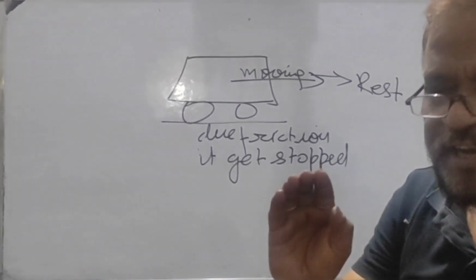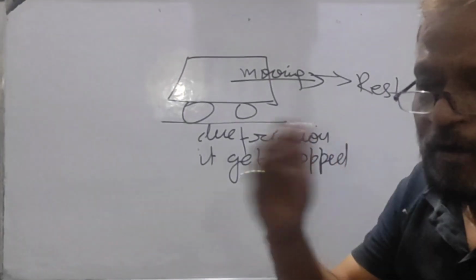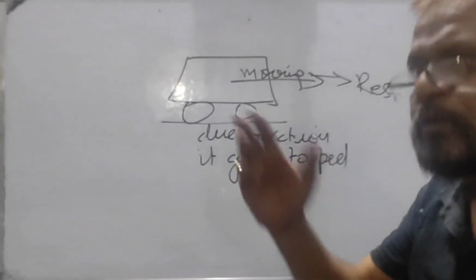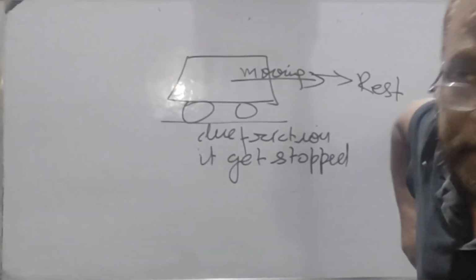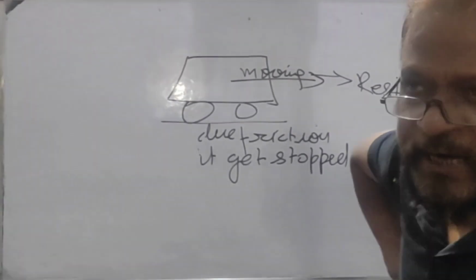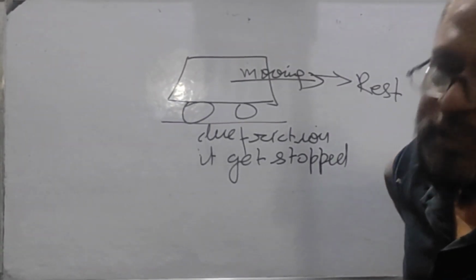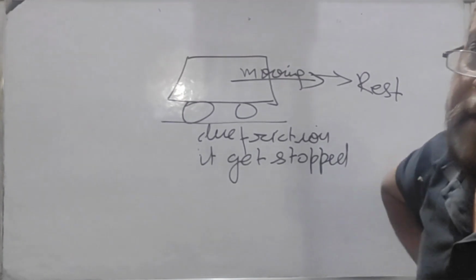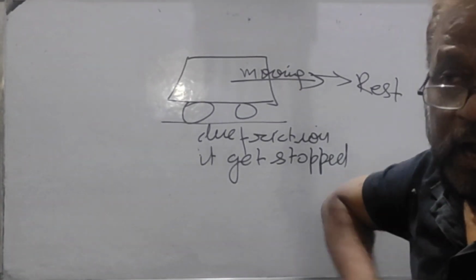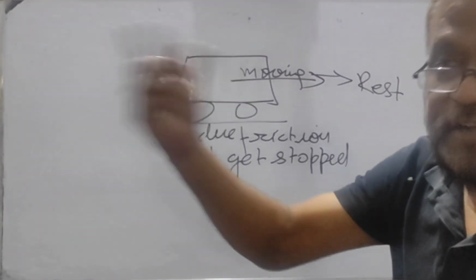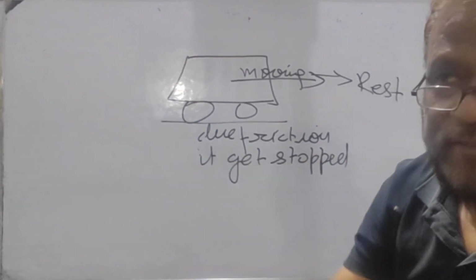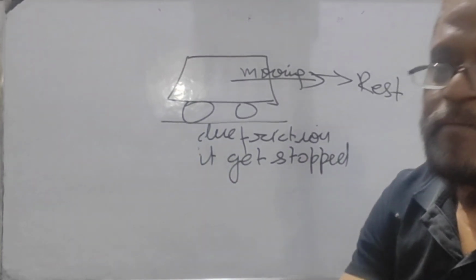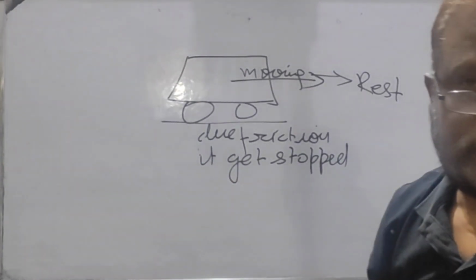Due to the friction offered by the road on the wheels of your bicycle, right? Since you are applying force, and your force is greater than the friction. If your force is less than friction, then your bicycle will not move.